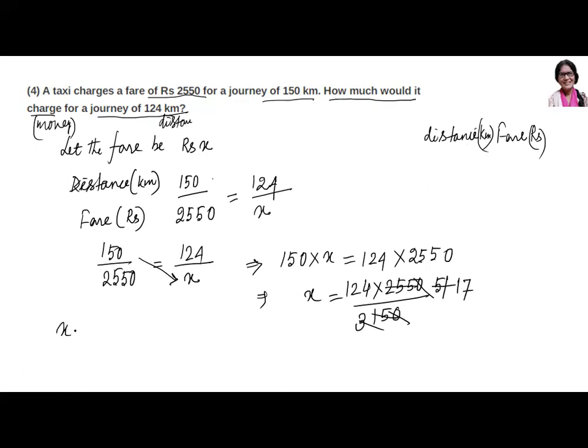So x is equal to 124 multiplies 17. 17 times 4 is 68, carry 6. 17 times 2 is 34, plus 6 is 40. 17 times 1 is 17, plus 4 is 21. So 2108. So he charges the fare.